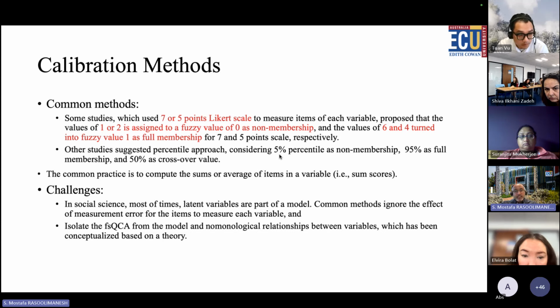If we want to apply this method, we need to take the average of items to calculate the score of each construct, and then based on the construct score, use one of these common methods, percentile or Likert scale values, to convert to fuzzy values. So if we use an average or some score to calculate the score of a construct or latent variable, we actually ignore measurement error.